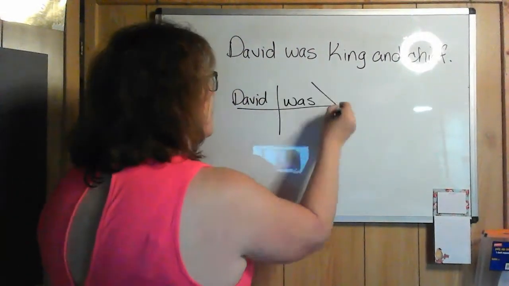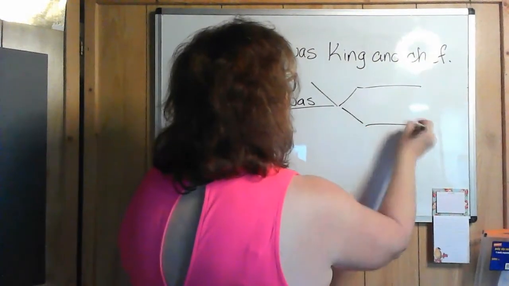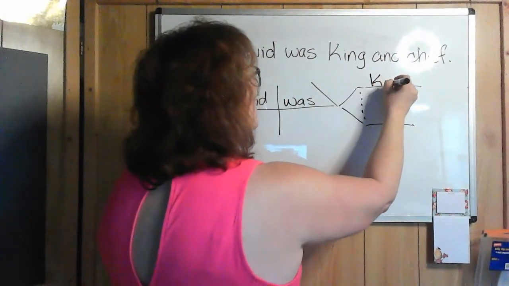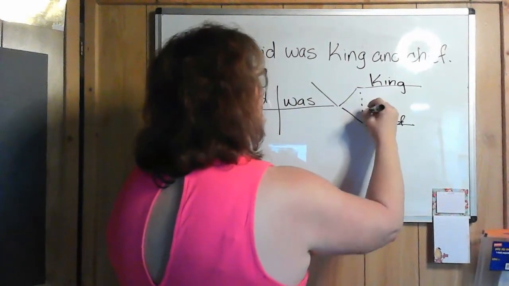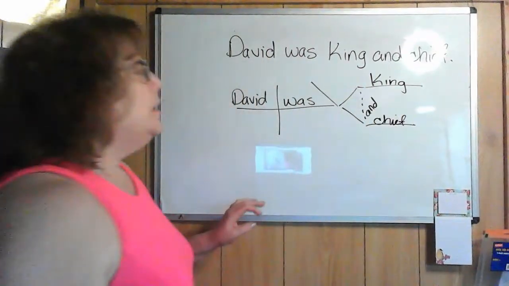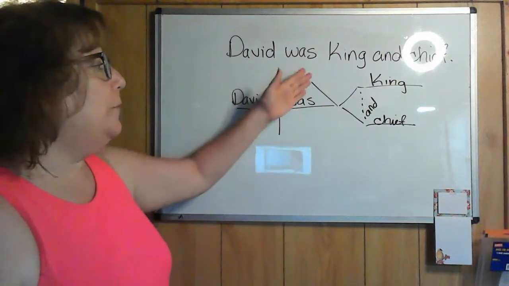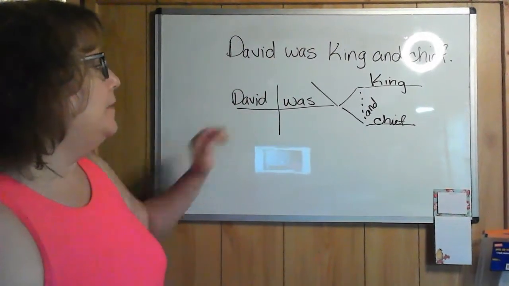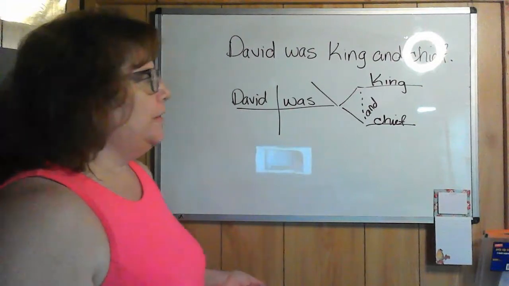We're still going to do the backslash, but this time we're going to draw that pencil point kind of backwards from what we did before. And we're going to put king and chief. So your pencil point goes over here. Now, once in a while you might have the pencil point in for the verb. We've talked about it with the noun, but this is how you do it at the end for the predicate nominative and adjective.